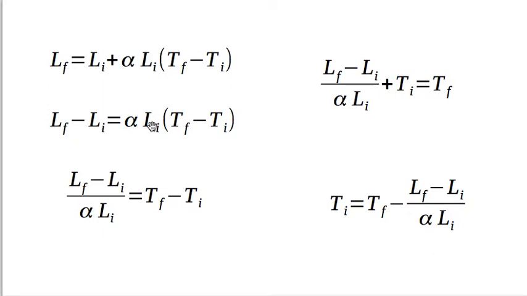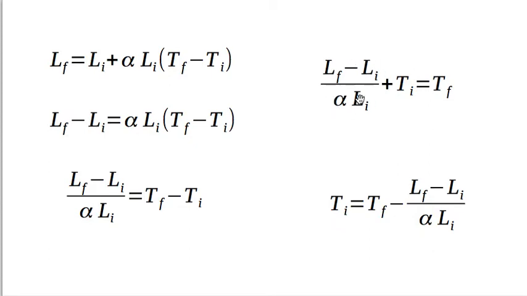So I gotta divide everything by alpha and Li. So it's gonna give us something like this. And as you can see here, we want the TF. I don't want TI. It's being subtracted, so I gotta add in both parts the TI. So we get this. So you gotta do first all of this, LF minus Li, and then divide by this product, and then add it to the initial temperature. And that's gonna give us the TF.